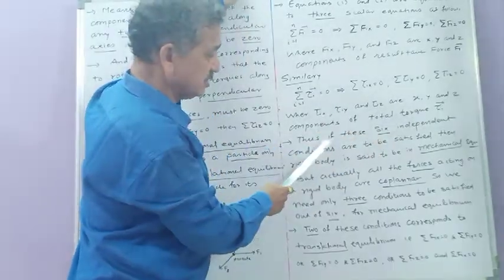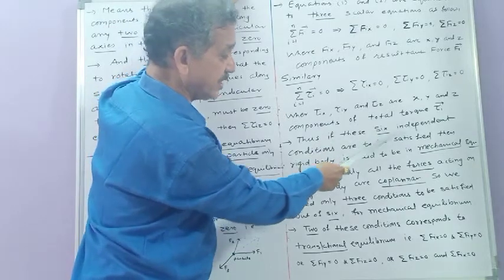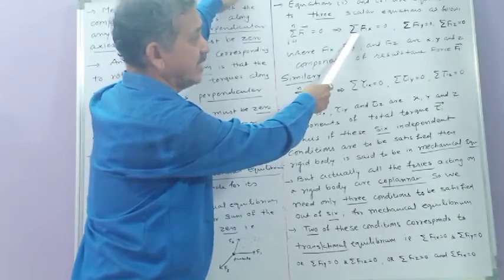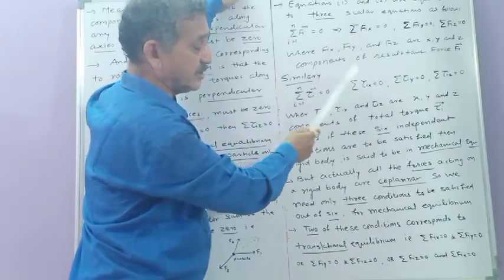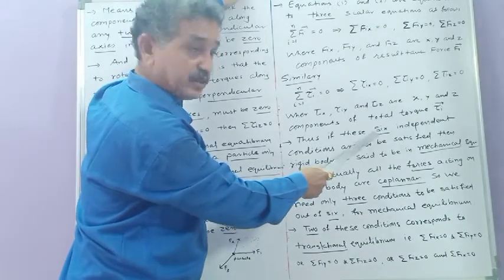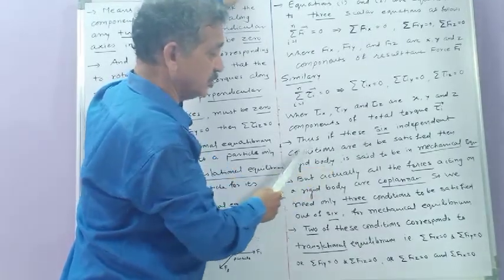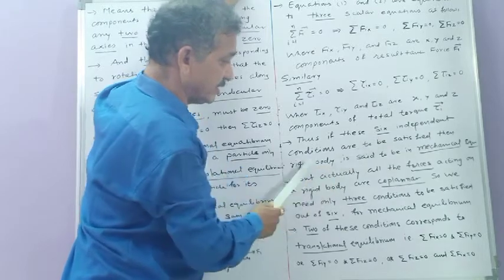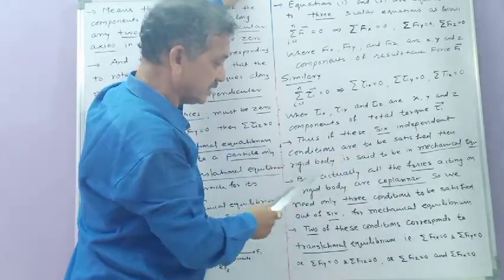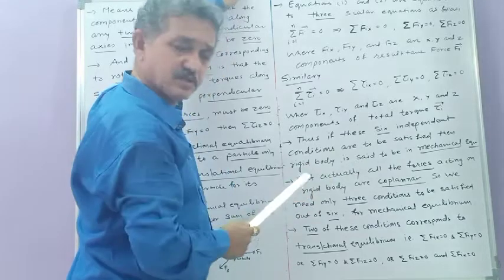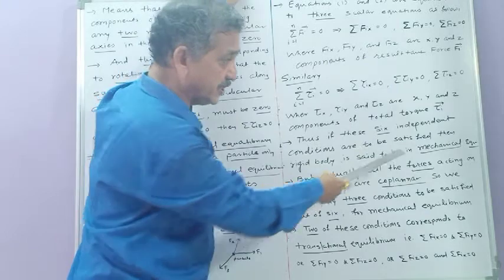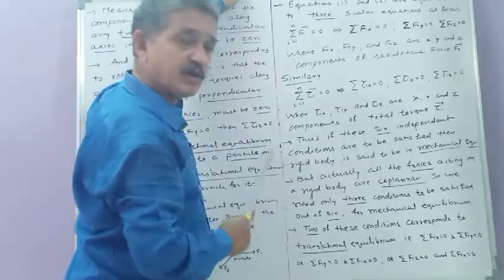So there are 6 independent conditions, 3 regarding resultant external force and 3 regarding resultant external torque. If these 6 independent conditions are satisfied, then and only then can you say that the rigid body is in translation equilibrium and rotational equilibrium. That means it is in mechanical equilibrium.